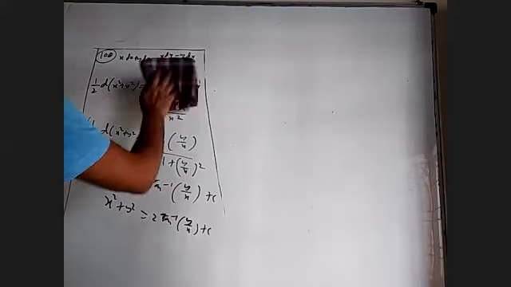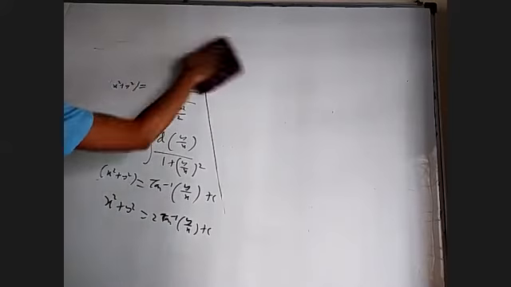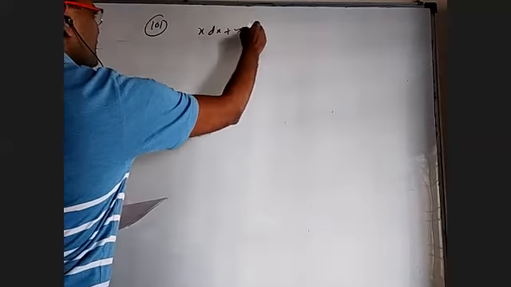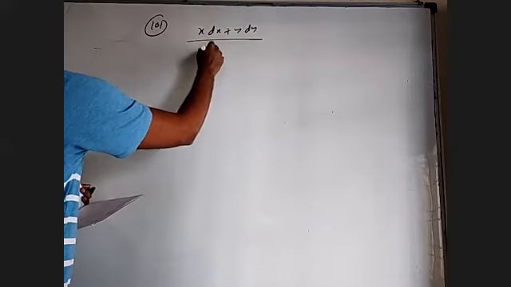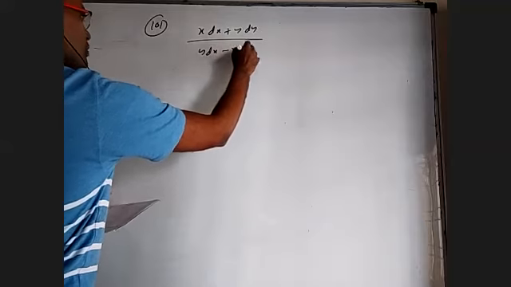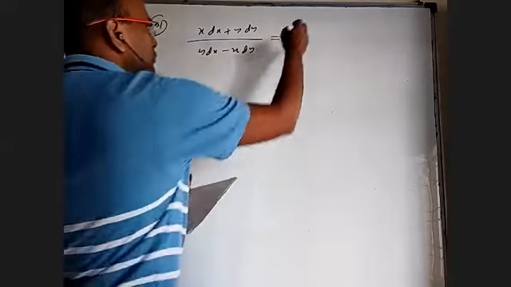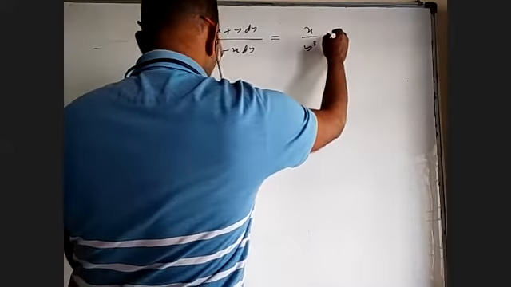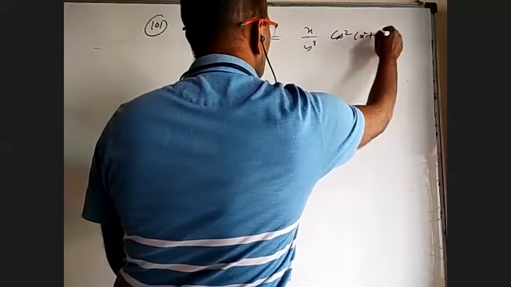Okay, I'm going to erase 100. Okay, 101. If I take LCM and LHS, I'll get x dx plus y dy and y dx minus x dy is equal to x by y cube cos square of x square plus y square.